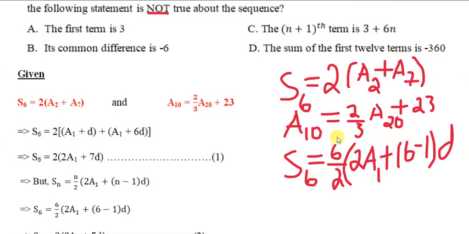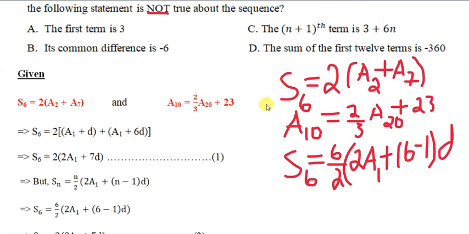We have S6 written as such, and also S6 as 2 times A2, the second term, plus A7. We will combine these. From these two, we can find the relationship between A1 and d.